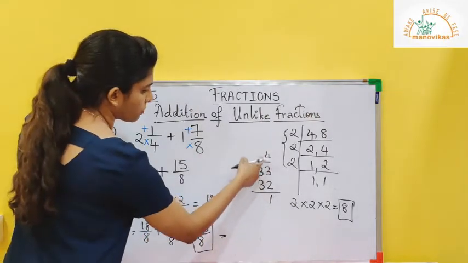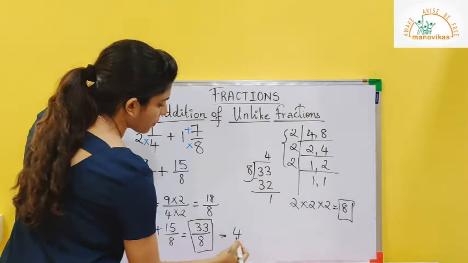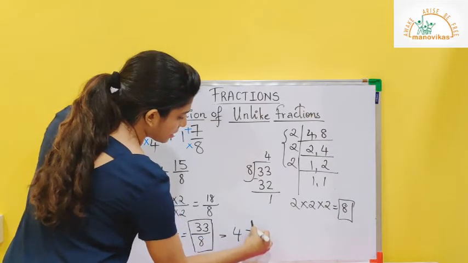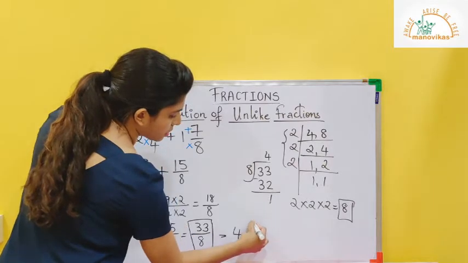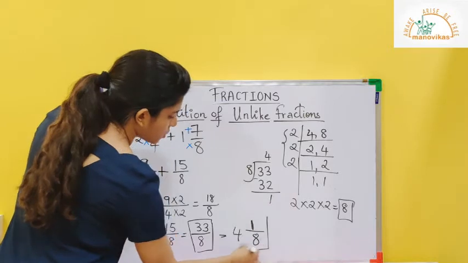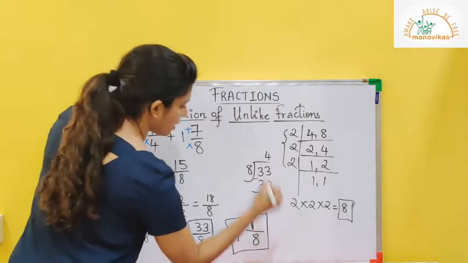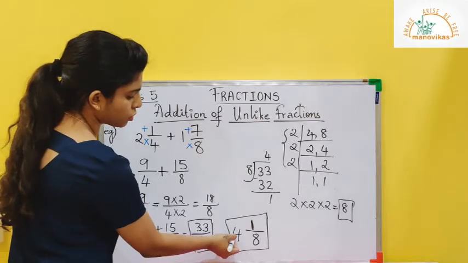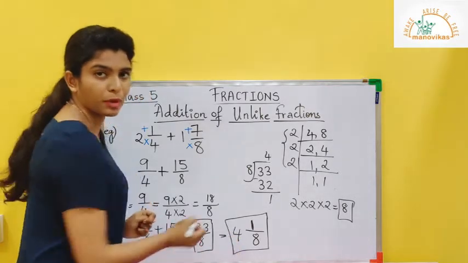This quotient we get will be your whole. The remainder we got, 1, will be the numerator here, and the denominator will remain same. So this is my answer. I have converted this 33 upon 8 into this mixed number.